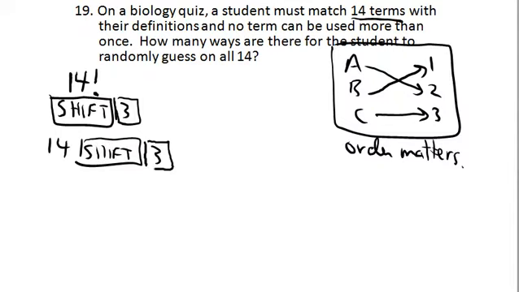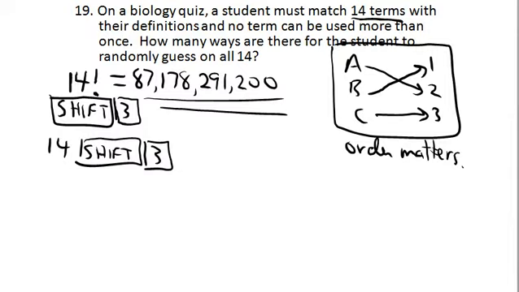And you don't really even have to press equal here because there's no second number to enter. You just enter 14. As soon as you hit shift 3, you will get the result, and it comes out to be a huge number, 87,178,291,200.